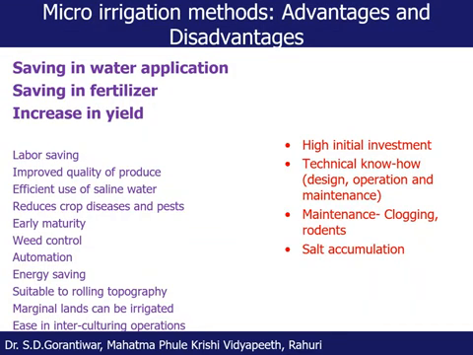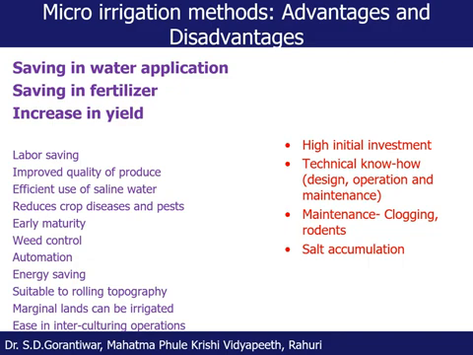As we have seen in the previous slide, micro irrigation is applying water in a small quantity, as per the need of the crop, frequently and directly into the root zone, either over the soil surface or beneath the soil surface.